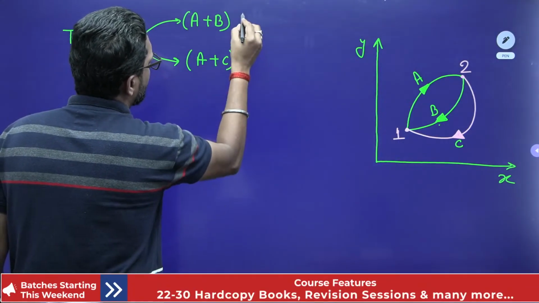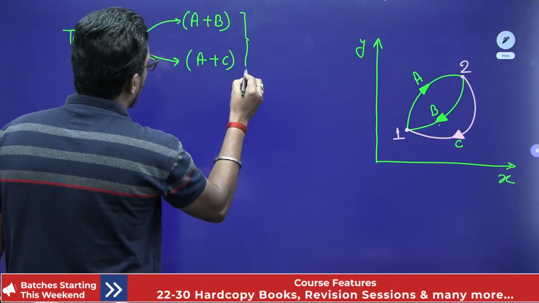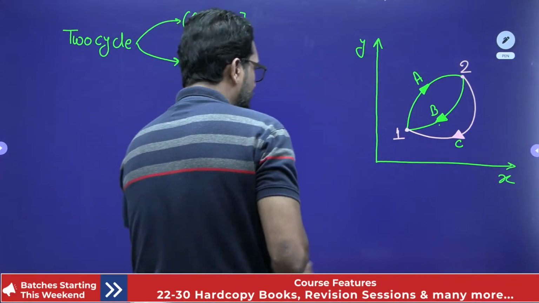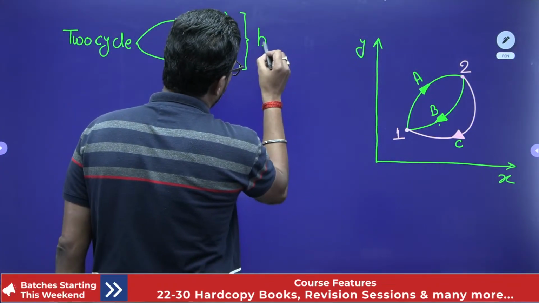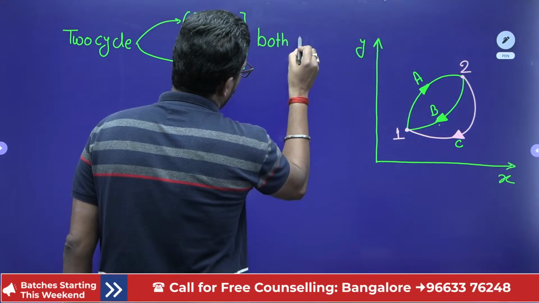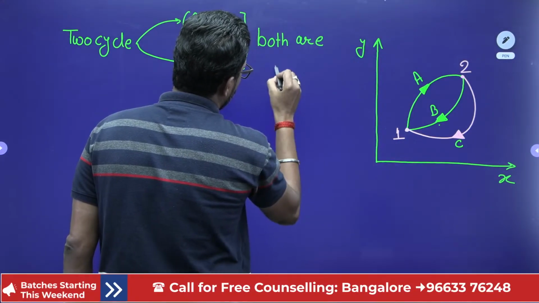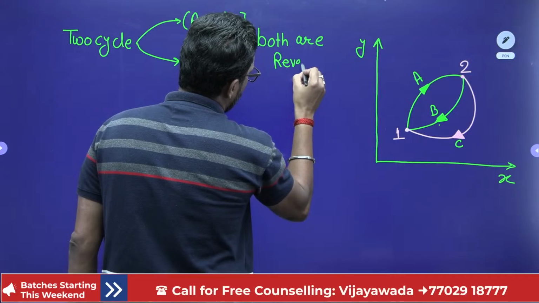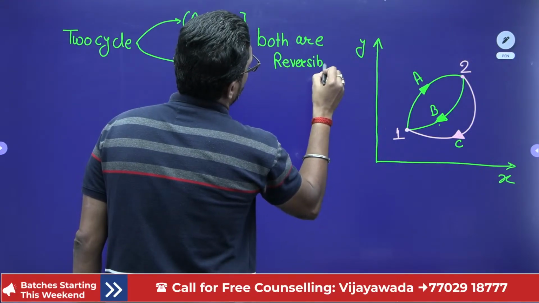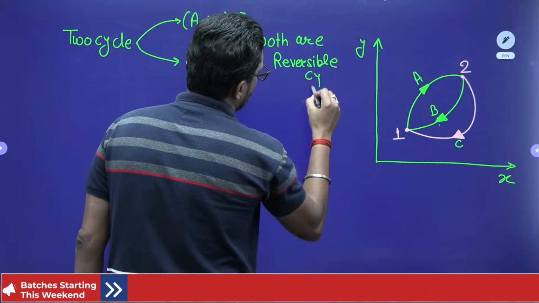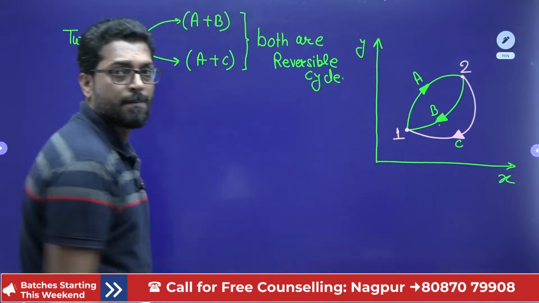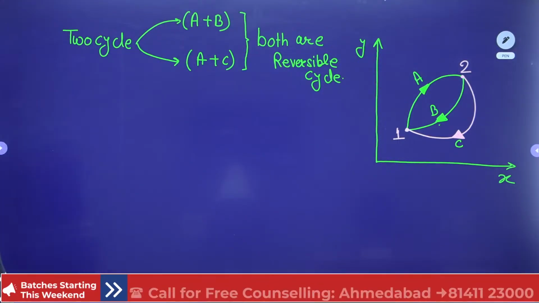There are 2 cycles. Both are reversible. Okay, let's suppose both are reversible cycles. Okay, one question comes.